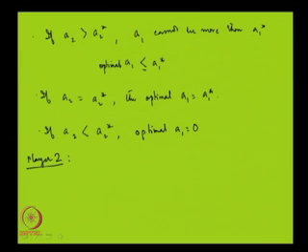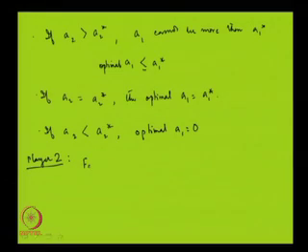Now, to analyze the best response of player 2, first let us gather from the analysis above that A1 never exceeds A1 star. So, the range of values that I have to look into for A1 is that it is equal to A1 star or less than A1 star.